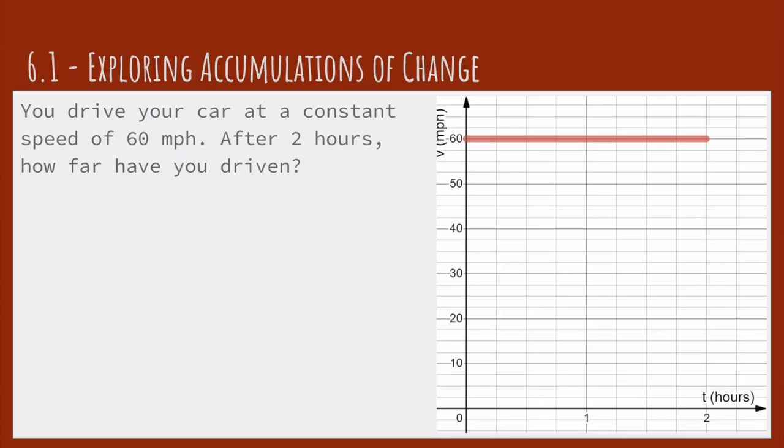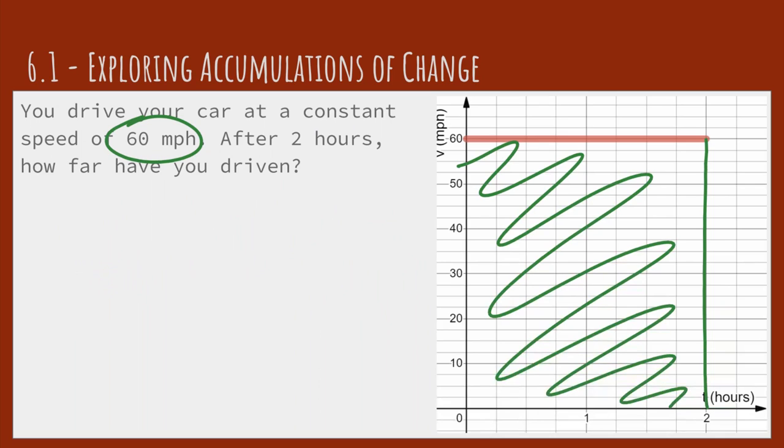Now, if we look at this problem on a coordinate plane, we have this rate graphed with respect to time. What we're actually asking here can be interpreted geometrically as the area of this rectangle right here. So the height of the rectangle is our 60 miles per hour. The width of the rectangle is 2 hours.